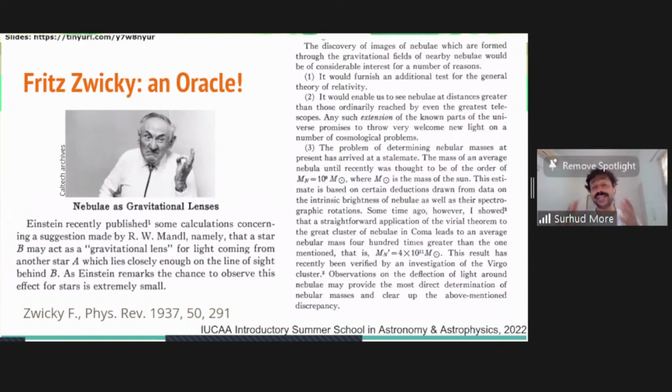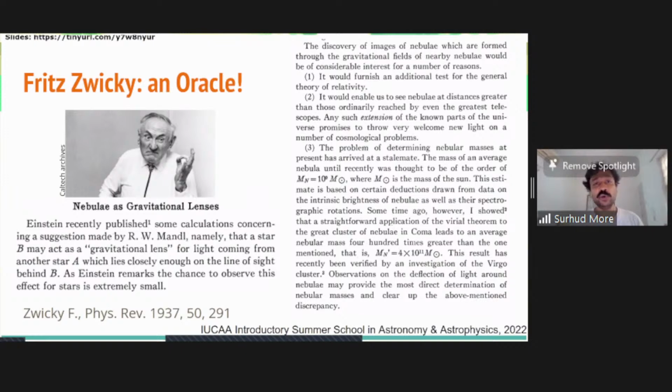Okay, at that particular point of time, in fact, people did not even know that galaxies exist beyond our own galaxy. So they used to call them nebulae. But he had studied a lot of these nebulae. In fact, he was the first one to discover dark matter in galaxy clusters. So he knew that there is a lot of matter that these galaxies and galaxy clusters have.